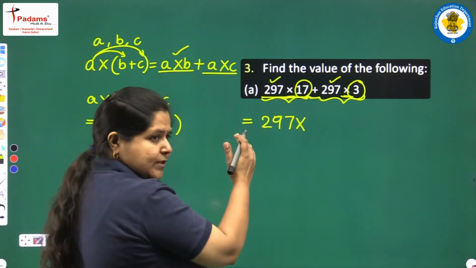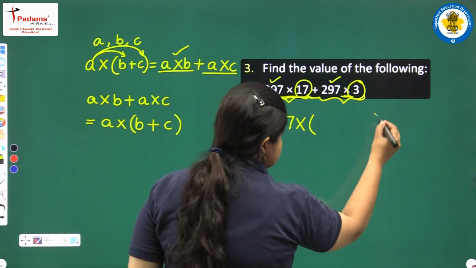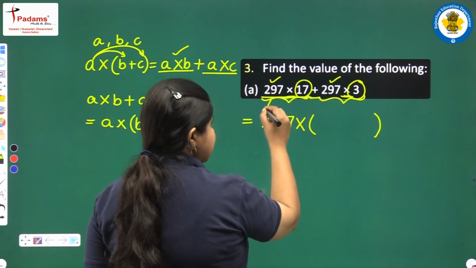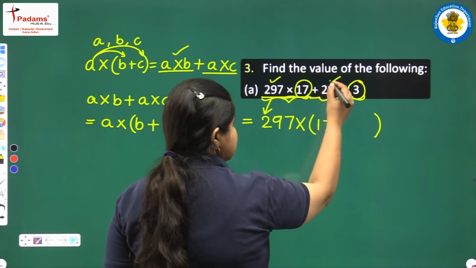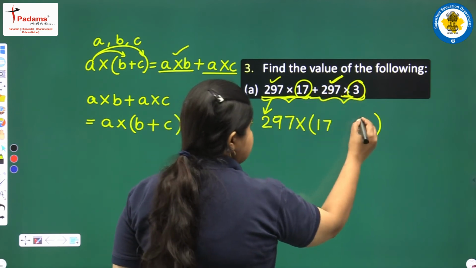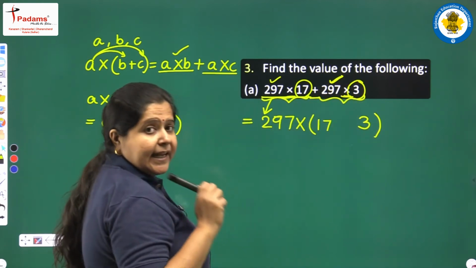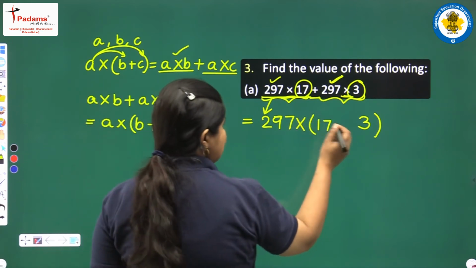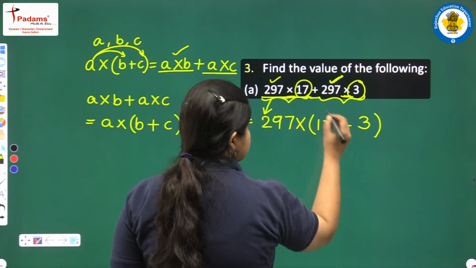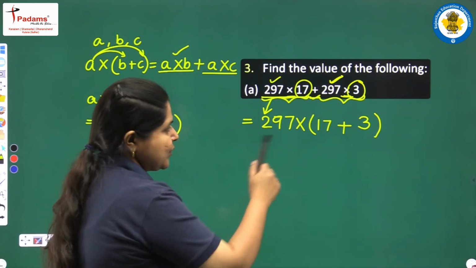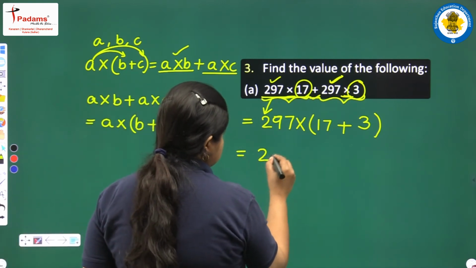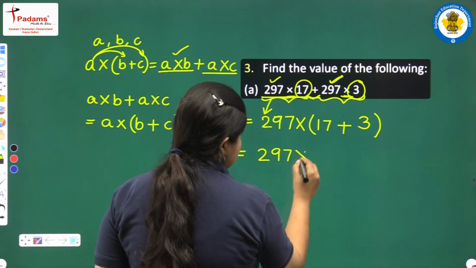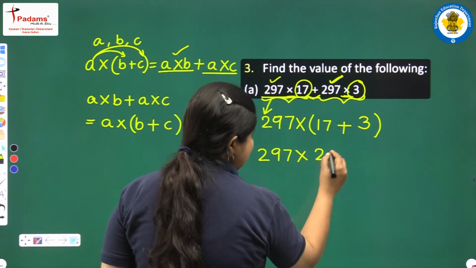We will write it outside, then we will place one bracket, and then this 297 is outside, 17 will come inside, again this 297 is outside and this 3 will come inside. And what will be the symbol in between? It will be plus. Since it is plus here, so it will be plus here also. Then you will have 297 into 17 plus 3 is 20.